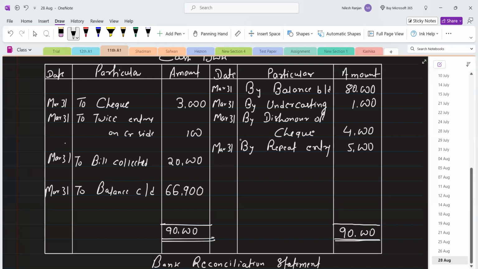There is only a difference of name. So whatever we do in cash book, we do the same thing in cash account also. There is nothing that changes in cash account. Okay. Thank you, sir.